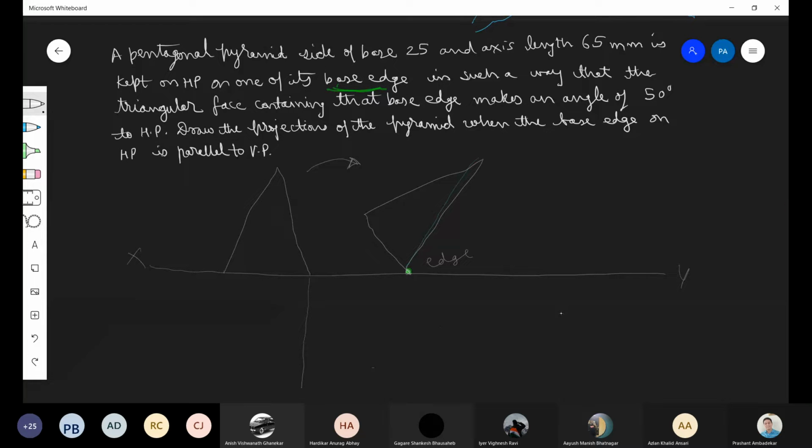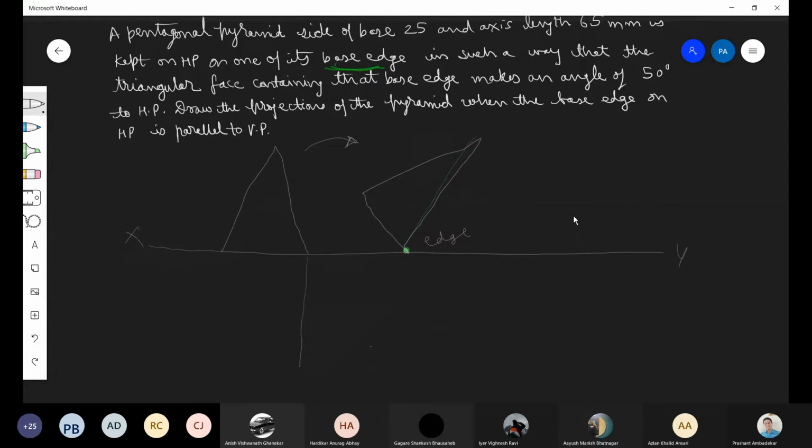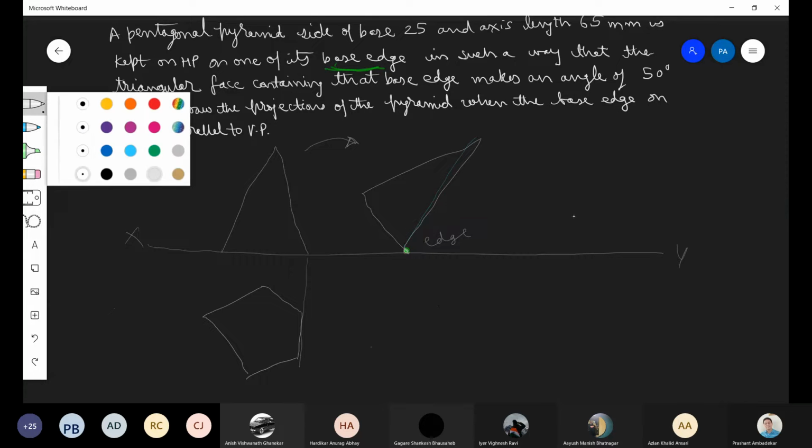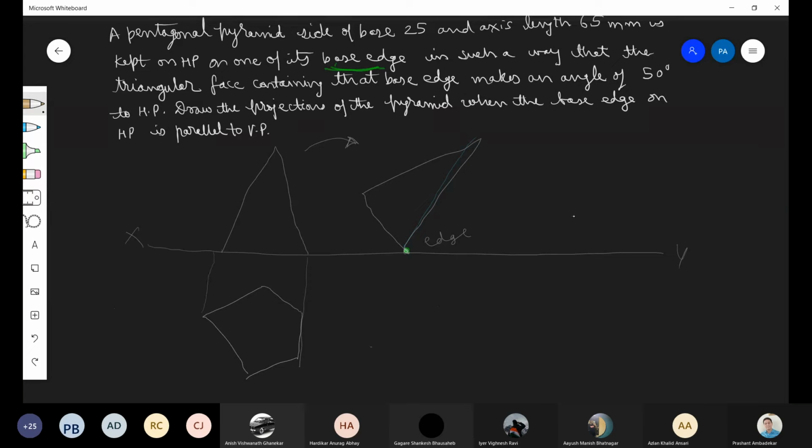Here we should have a pentagon drawn like this. When I draw projectors, this point should meet here. So accordingly we will have to adjust the front view too, because this is not drawn first, this is drawn first. That is already explained, and you can obtain the other points.